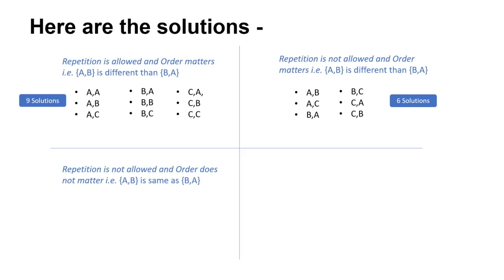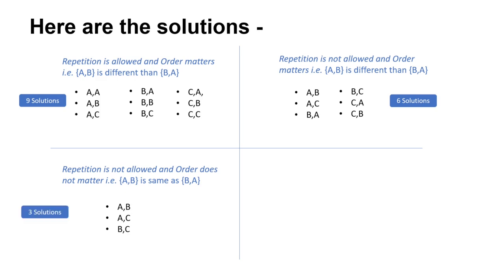Let's move to the third one, where repetition is not allowed and order does not matter. AB is the same as BA. So again, we cannot use AA, BB, repetition is not allowed, and this time order does not matter. So now you cannot use both AB and BA in this selection, which means we will have AB, AC, and BC as the only possible solutions.